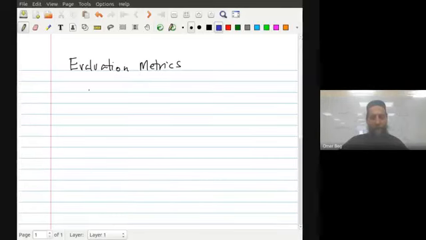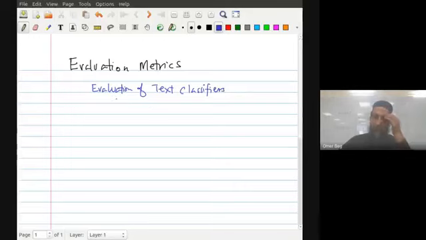So evaluation of text classifiers can be done using some set scores such as F1 score, precision, recall, and such.